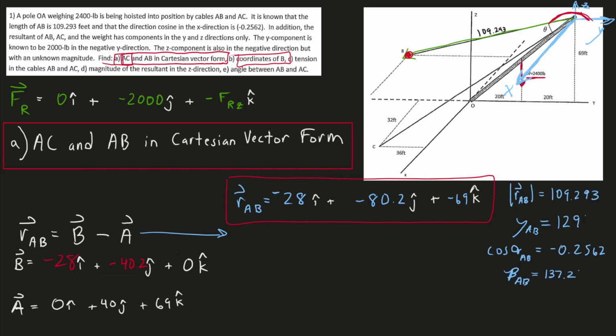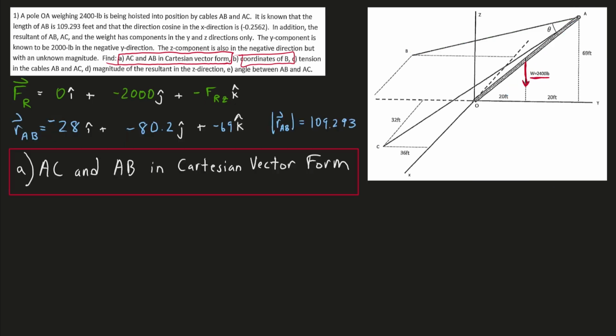So now we'll work on the position vector AC. Alright, so hopefully position vector from A to C will be loads easier. Same process though. A position vector from A to C can be found by doing final C coordinates minus the initial, the A coordinates. So C is not too bad.